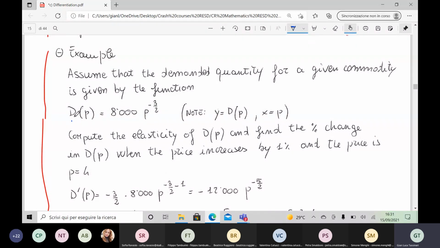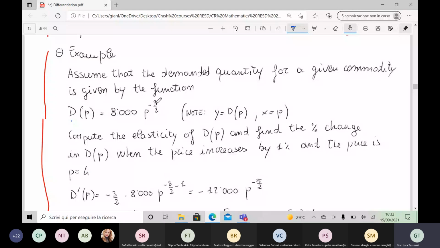Or if you want, remember y is equal to f of x, so you can call d of p as f of x equal to 8,000 times x to the minus 3 over 2. But I denoted this to mean that the demanded quantity depends on the price. So the demanded quantity as a function of the price is equal to 8,000 times the price raised to the minus 3 over 2.